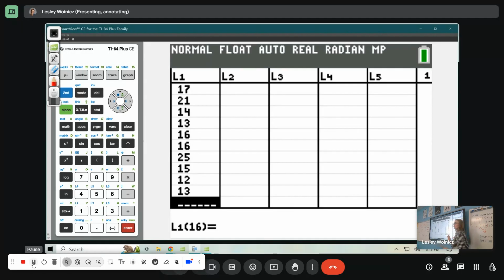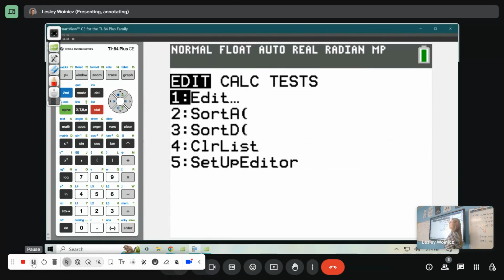Now, how many students was I supposed to have in this list? Does it make sense that my cursor is now expecting the 16th value? That's a good way to quickly make sure that you have the right number. It doesn't guarantee that you didn't accidentally skip one and do another one twice, but it's better than not checking at all.